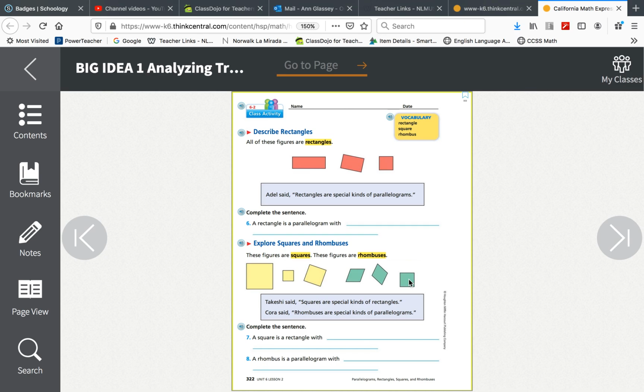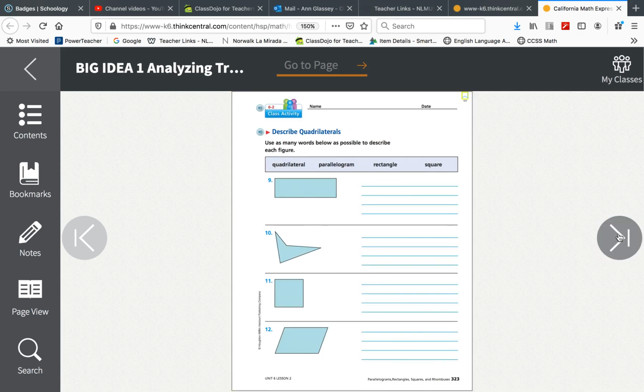So a square is a rhombus, a square, and a rectangle. Isn't that crazy? A rhombus is a parallelogram with 4 sides of the same length. A square is a rectangle with, you finish the sentence.